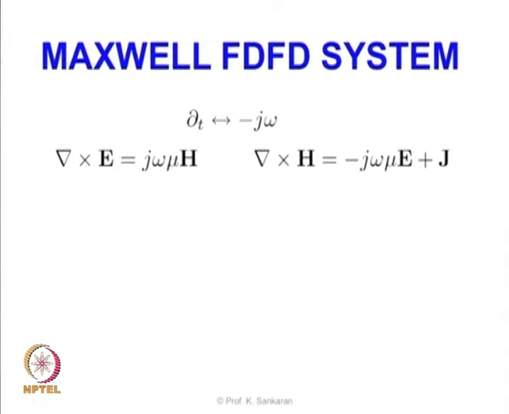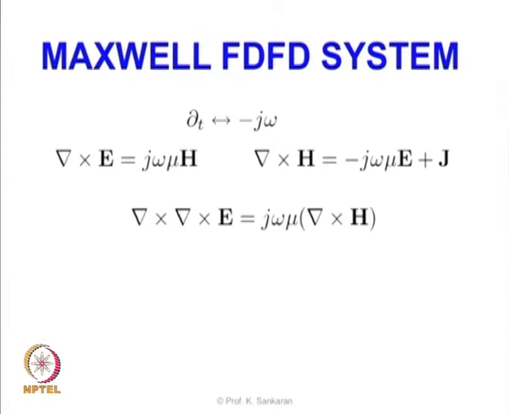When you take the curl of the first equation, what you essentially get is the curl of E equal to j omega mu times H, and then I can substitute the value of curl of H in this equation and get an equation represented only in the form of E or H.